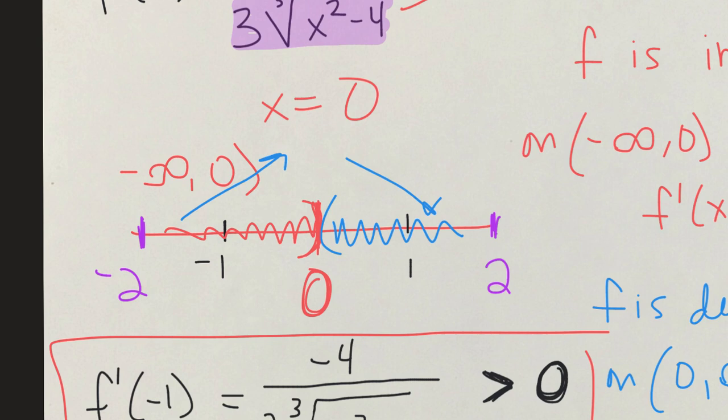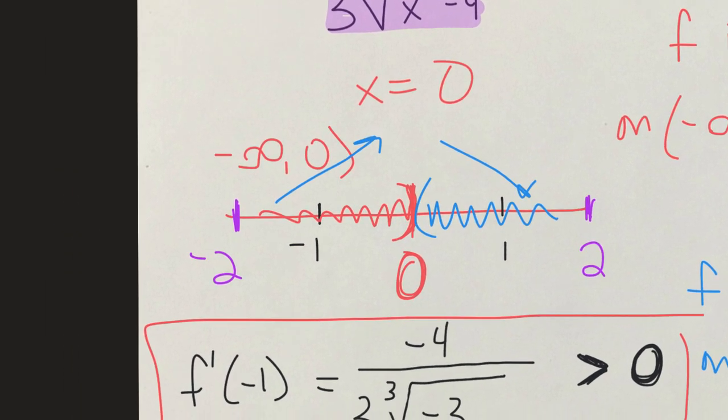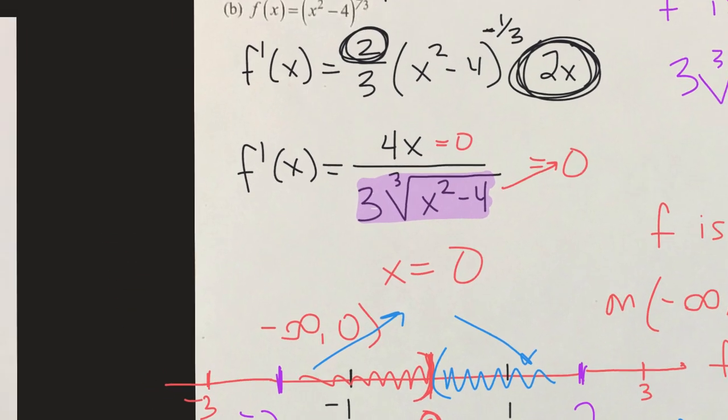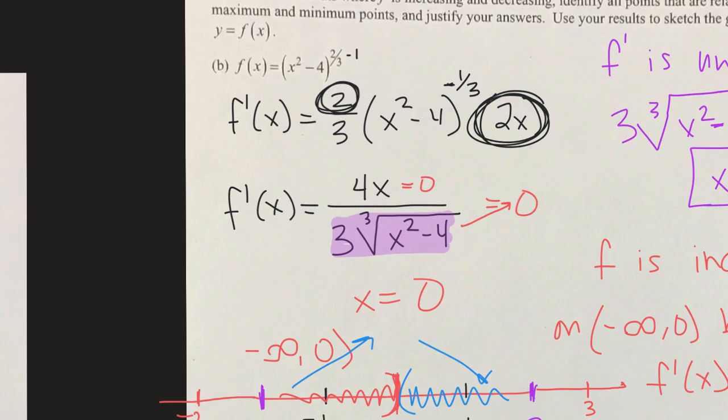We have to check what's going on to the left side of -2, maybe -3, and what's going on to the right side of +2, to see whether our graph is really still increasing or decreasing on those intervals.